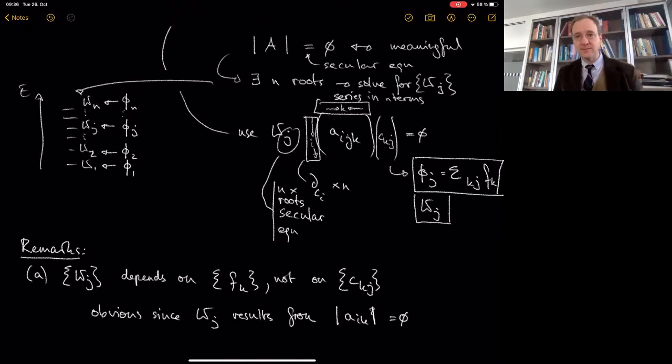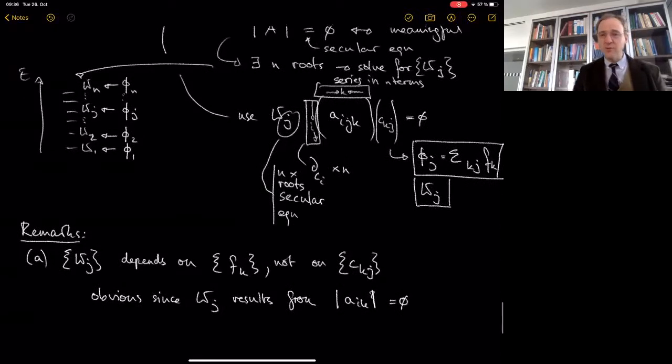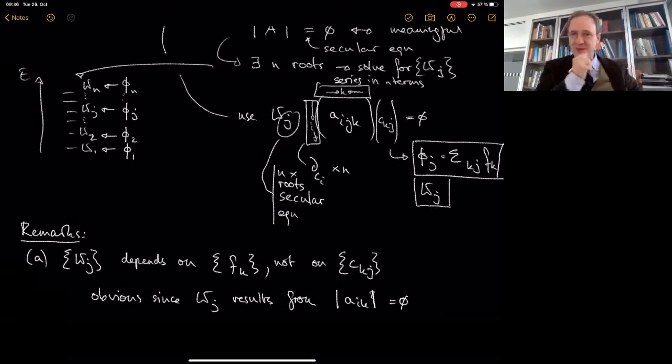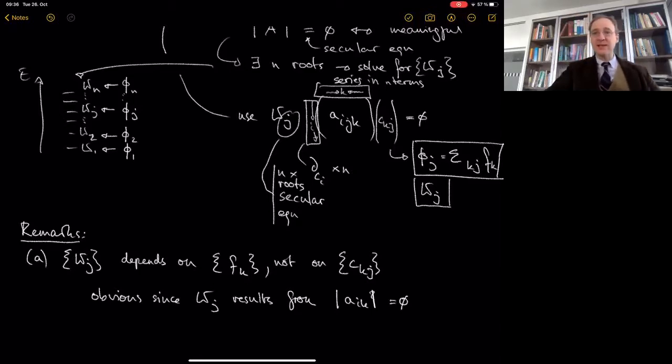Right? So you really need these coefficients only for the wave function. Right? For calculating the energy spectrum, your basis function space is good enough.